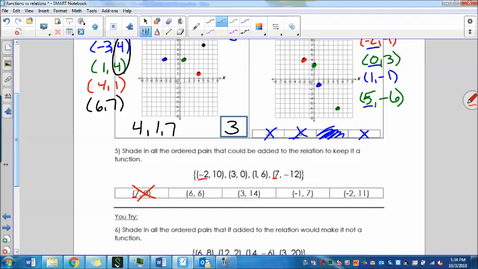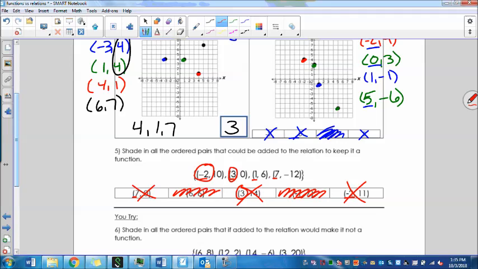Okay, we have no 6's in our x's, so we can add 6, 6, and it would stay a function, because it's not repeating any of our x values. 3 matches up with 3, so that one's out. We can't add that and keep it a function. -1 is fine. We can have -1 and +1, and it could still be a function. Our last one, -2, matches up with this -2, so that one's out. So we can only add those 2 points to keep it a function.